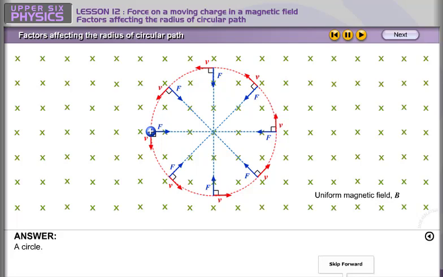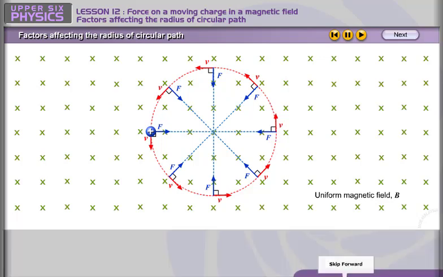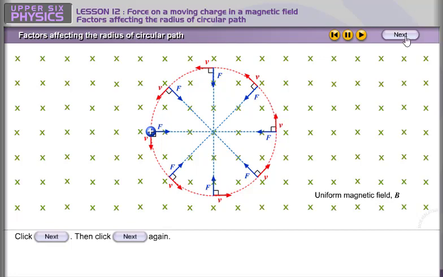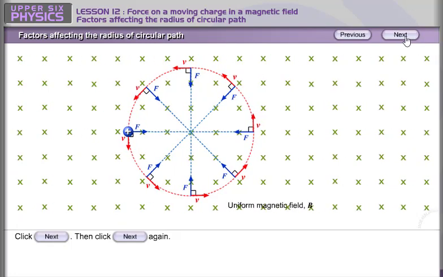Answer: a circle. Explain why the path is circular. Answer: the force is constantly perpendicular to the direction of the velocity. Click the next button, then click the next button again.